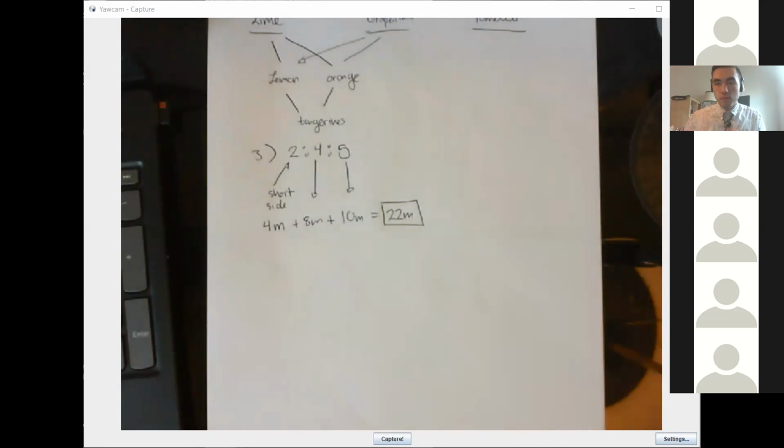Mr. Robinson, for number 5 on the first page, is the answer B?